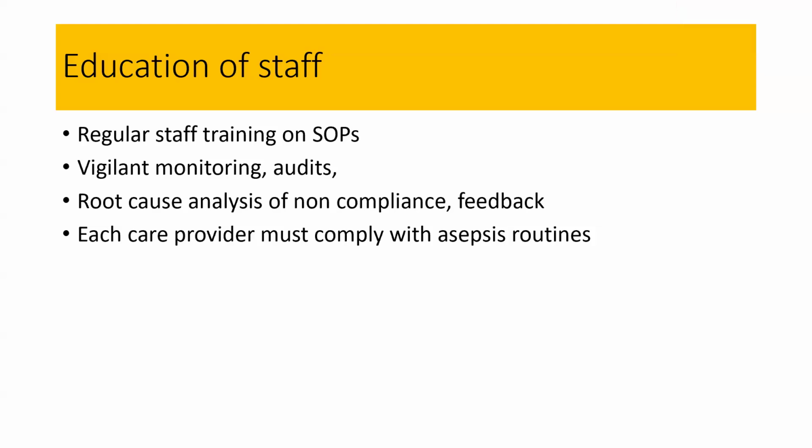Vigilant monitoring and audit is very important. Root cause analysis of non-compliance: we should analyze why and not whom. Pointing fingers at persons should be avoided as much as possible. Feedback. Each care provider must comply with asepsis routines.